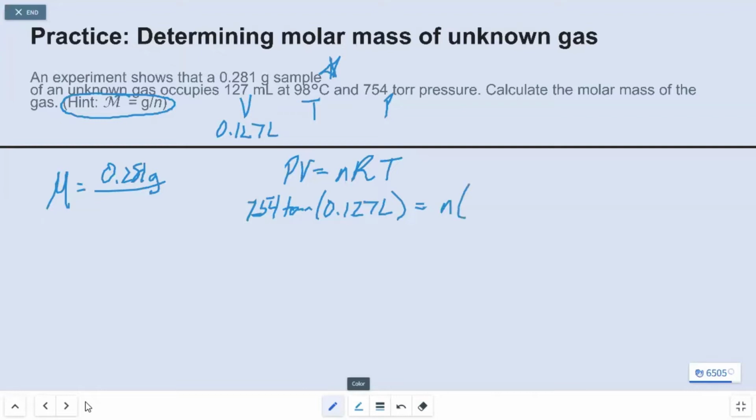R, since our value is torr, we need to use the 62.36 liters torr over moles Kelvin. Temperature, 98 degrees plus 273 is 371 Kelvin.